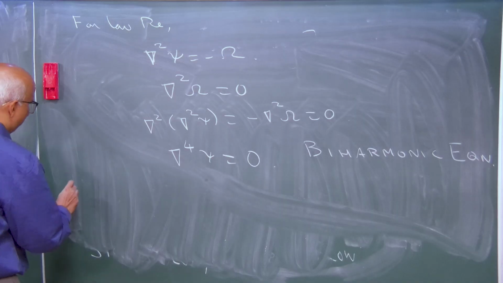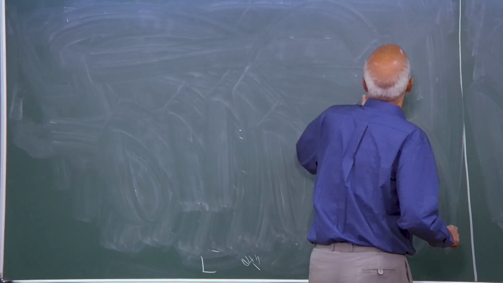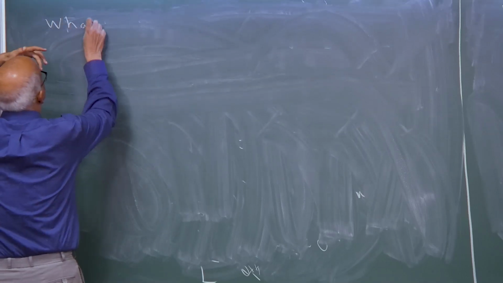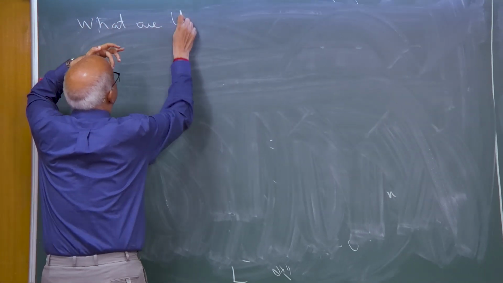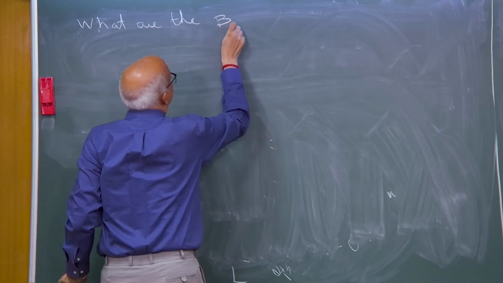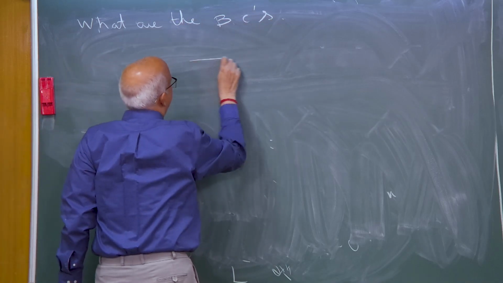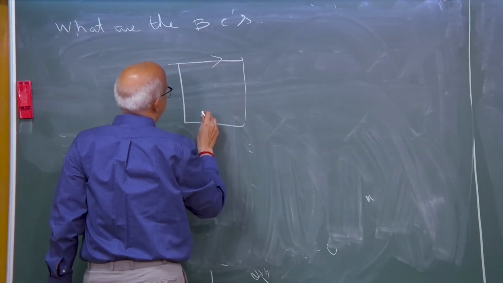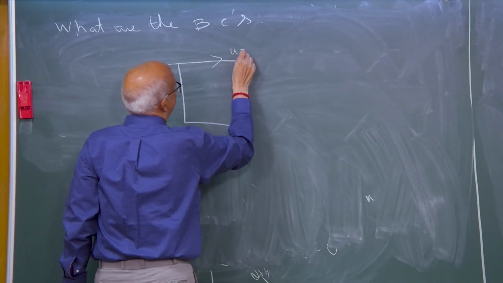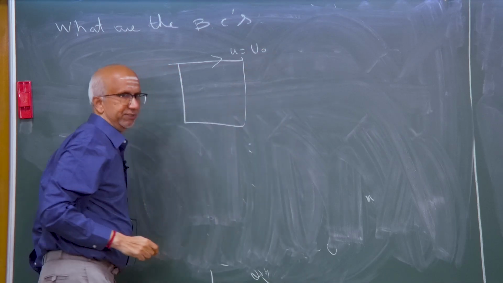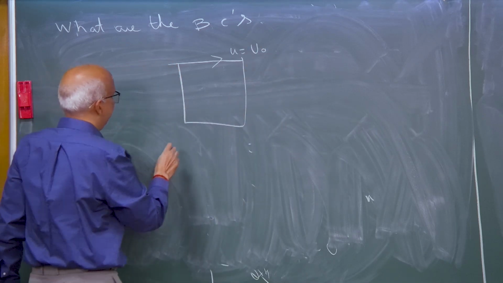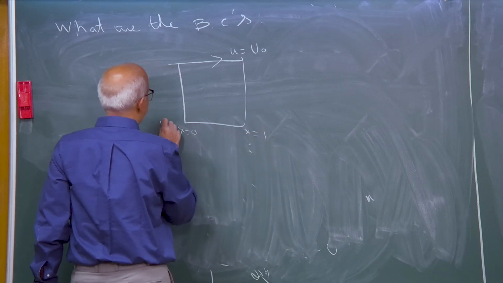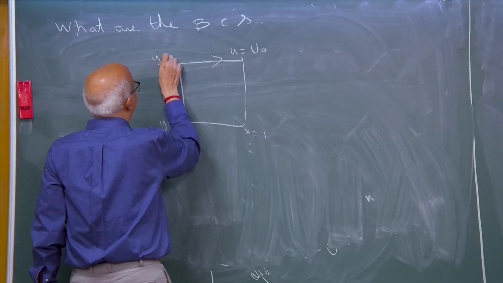So, take this problem of the boundary conditions. I am going to illustrate this with the problem of the lid driven cavity. u is equal to u naught at the top surface, and let us say x equals 0, x equals 1, y equals 0, y equals 1.